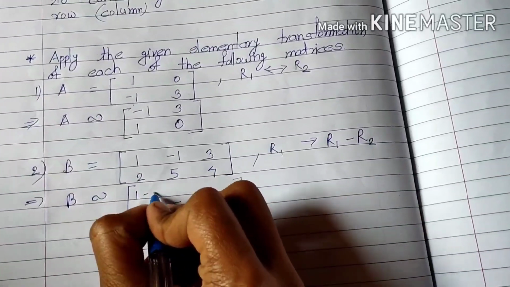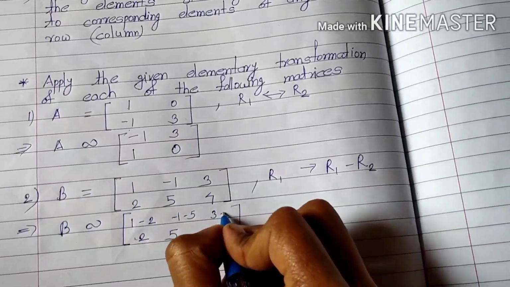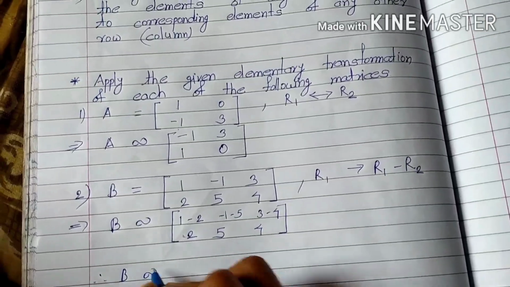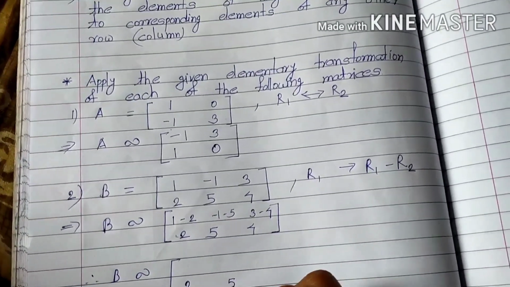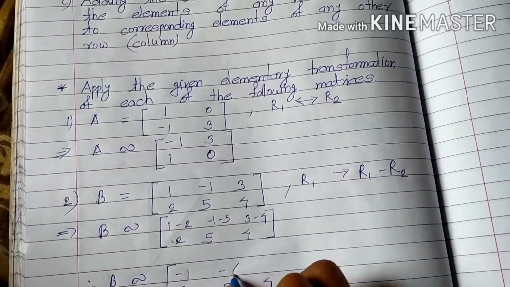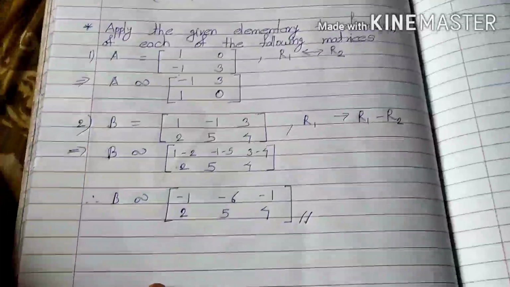So 1 minus 2 is minus 1, minus 1 minus 5 is minus 6, 3 minus 4 is minus 1, and therefore B is equivalent to 2 5 4 as it is, and this 1 minus 2, minus 1 minus 6, minus 1. So this is the answer.